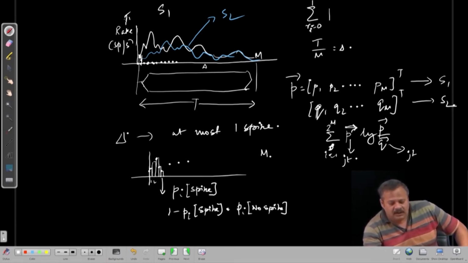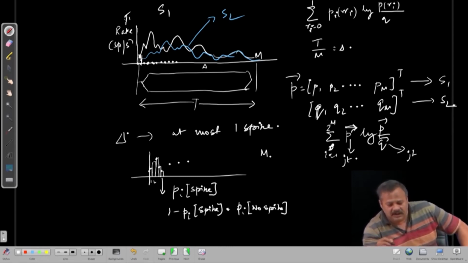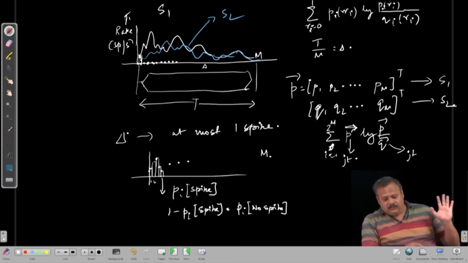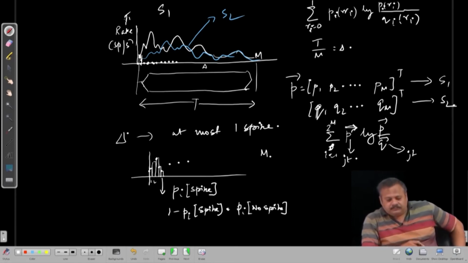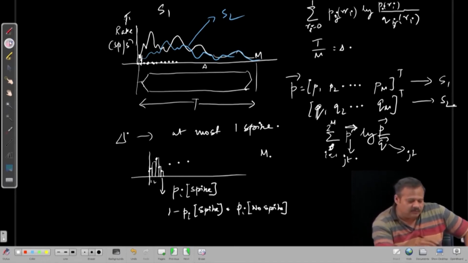It is P, probability of the response R_i, log of probability of the response R_i, where R_i goes from 0 to 1, and i will go from 1 to capital M. I mean, better to put it as j. I should have this i actually removed.